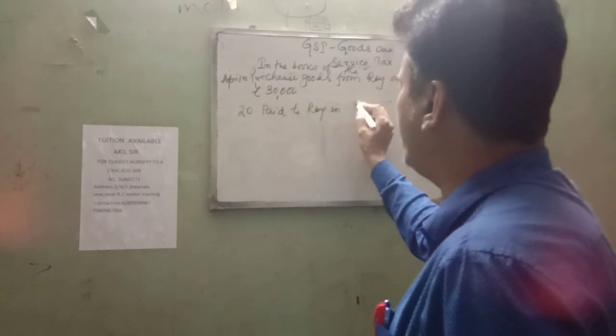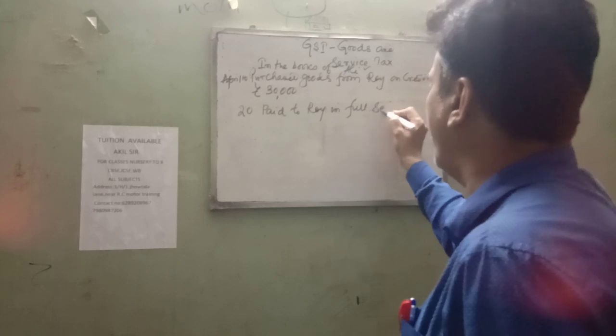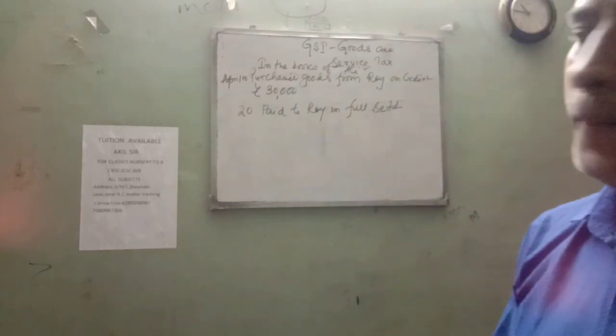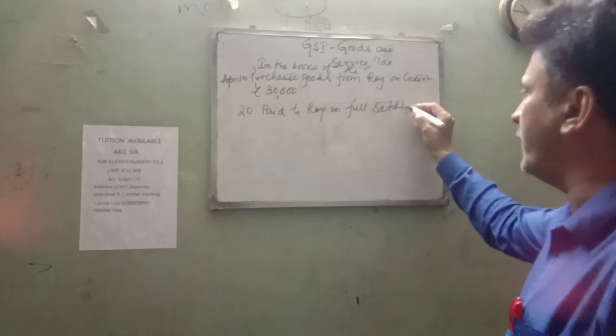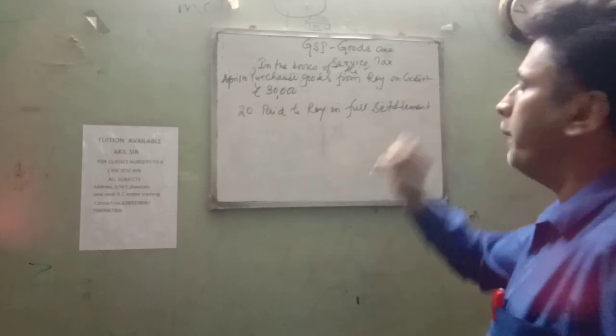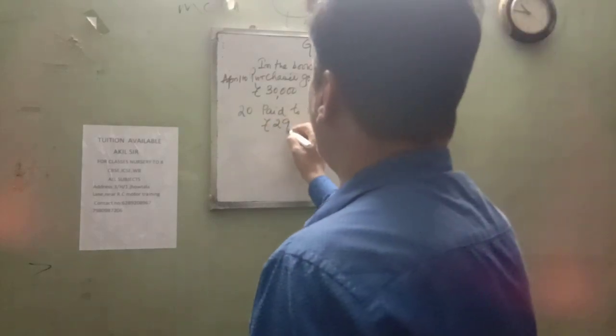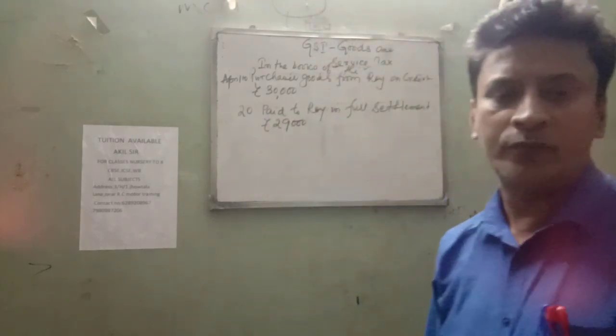Now, in full settlement, how much does he have to pay? He is willing to pay not the full amount of 30,000, but Mr. Ali is willing to pay how much? Mr. Ali paid to Roy in full settlement rupees 29,000.